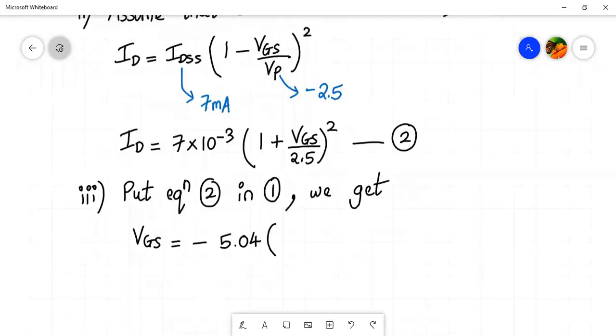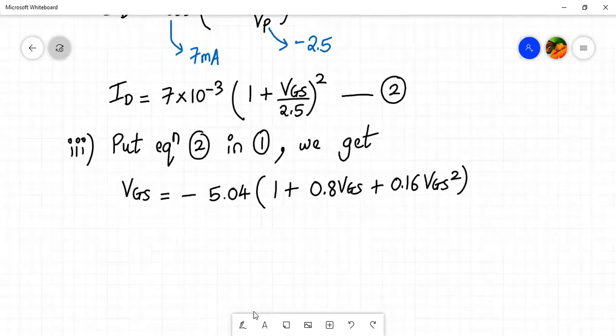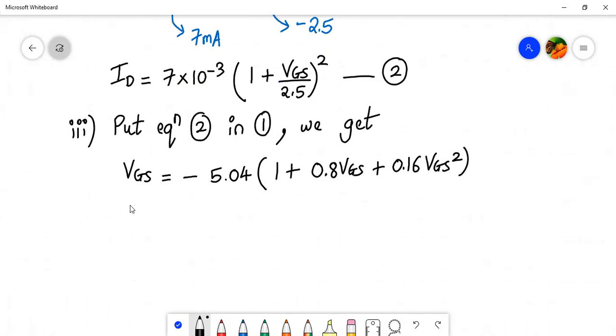Let me evaluate that. Let me open the bracket. A plus B the whole square will be 1 plus 2 upon 2.5 into VGS, that will be 0.8 times VGS, and 1 upon 2.5 square will be 0.16 VGS square. So we got the quadratic equation in VGS. These are straightforward steps, no explanation is required.